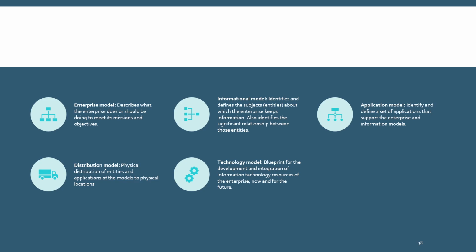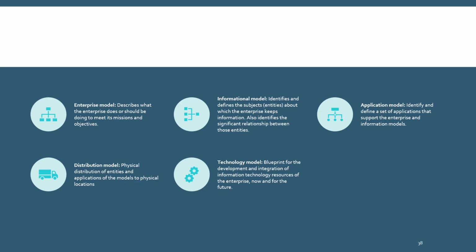The application model identifies or defines the set of applications that support the enterprise and information model. It has a distribution model about the physical distribution of entities and applications of the model in different locations, how we move the data, how we exchange the data. And the technology model is the blueprint for the development and integration of that IT into the enterprise, in the existing infrastructure and in the future.